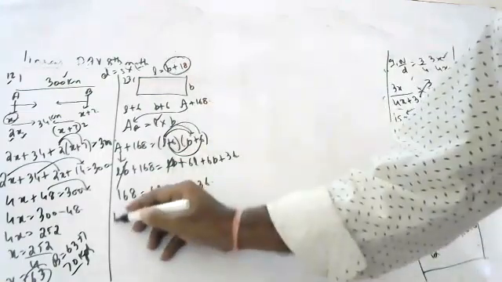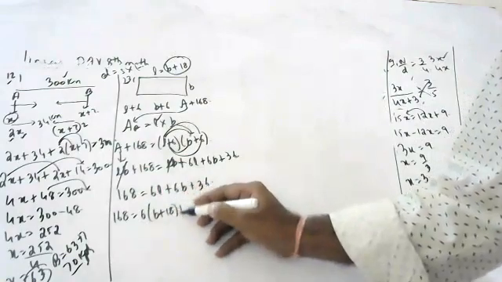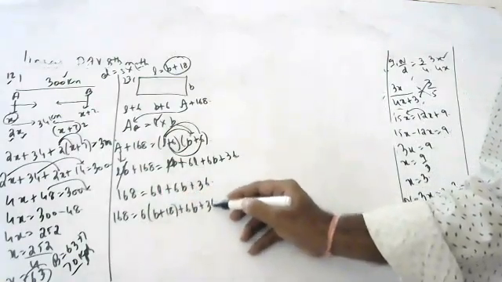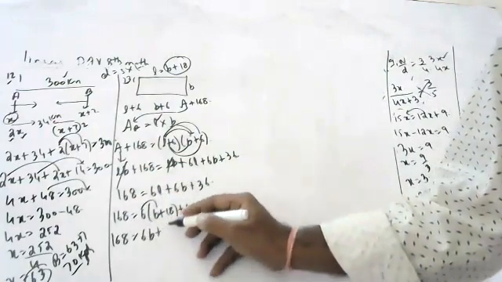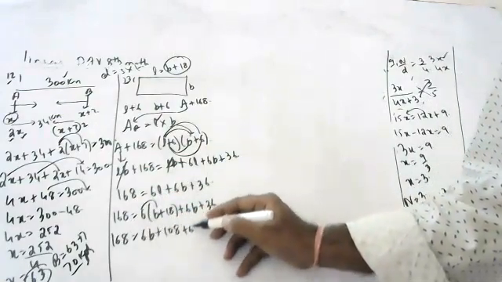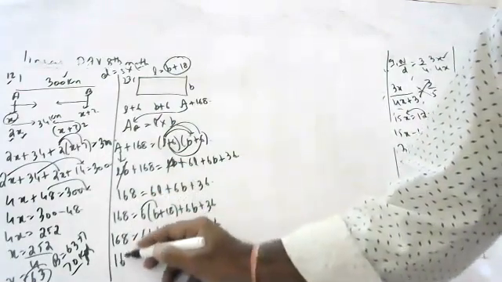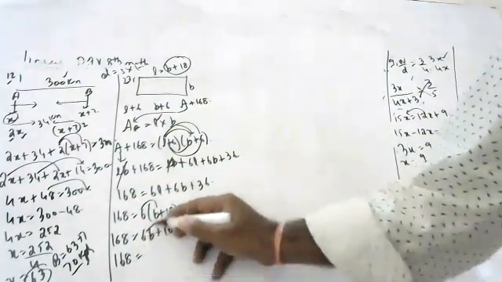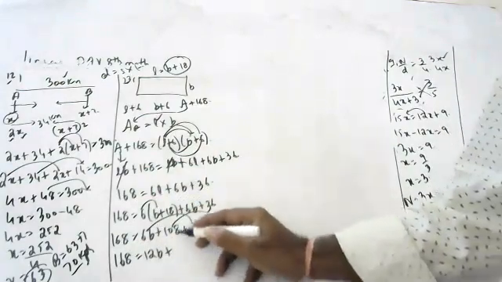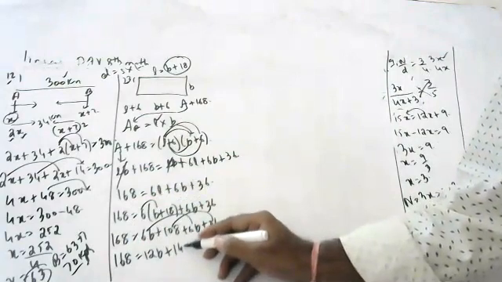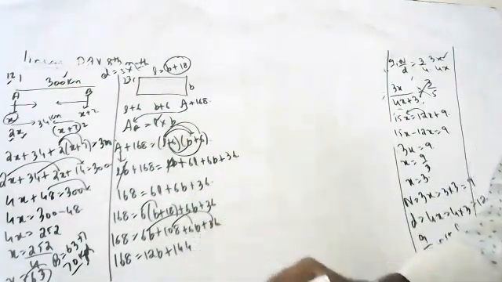But we know L is what? L is B plus 18. So 168 is equal to 6B plus 108 plus 6B plus 36, that is 12B plus 144.